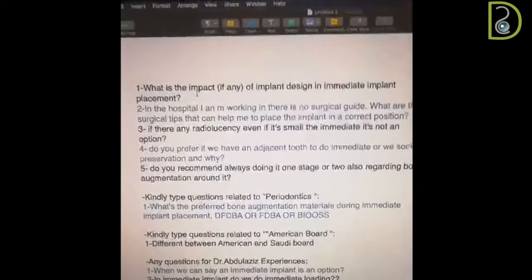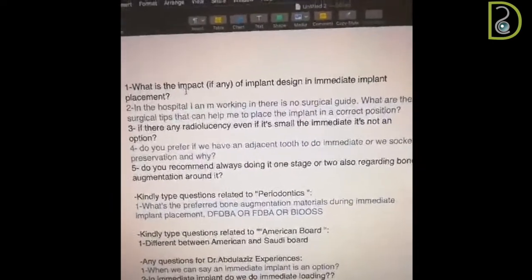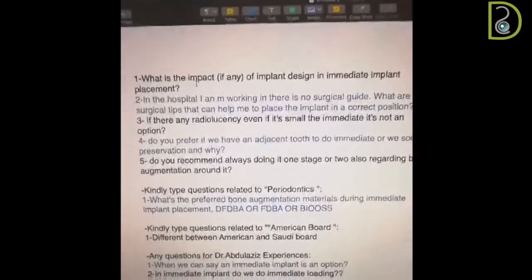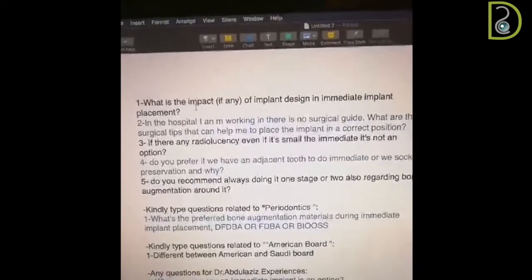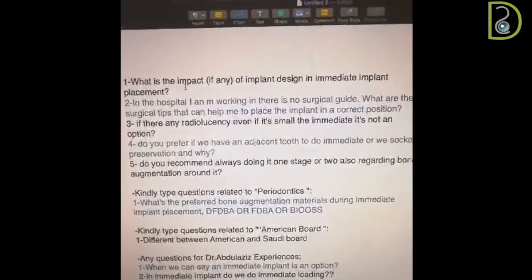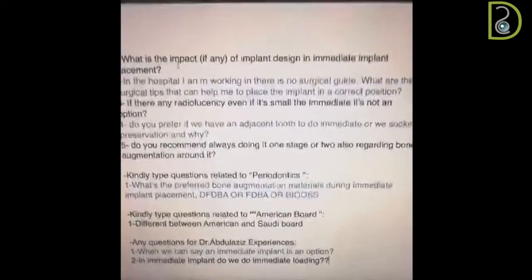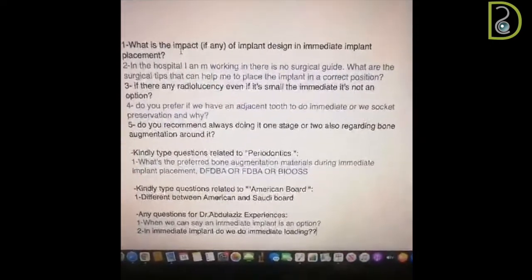And second, some companies provide aggressive threads, so they are really good in the placement of the immediate implant, because again you will end up with a nice stability on these implants.